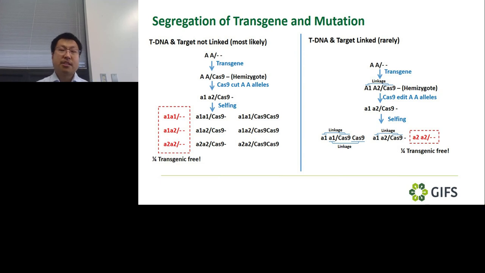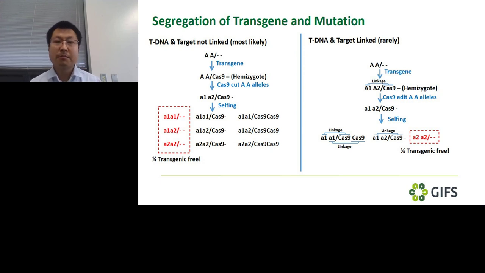Firstly, since it's random, it's most likely that the T-DNA and the target are not linked with each other. From the left in the illustration, you can see that after 1 generation of selfing, 1/4 of the progenies will be transgene free, while still containing the mutation.